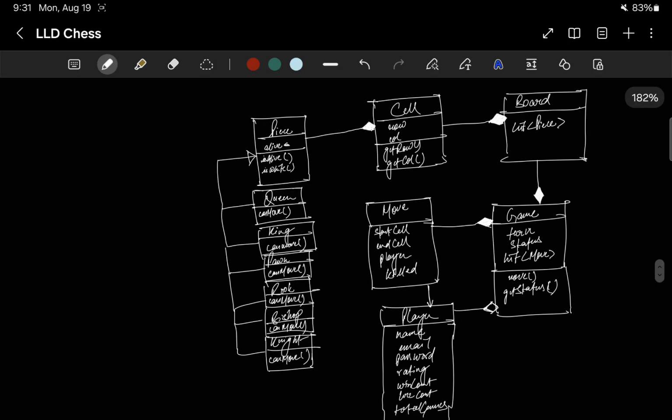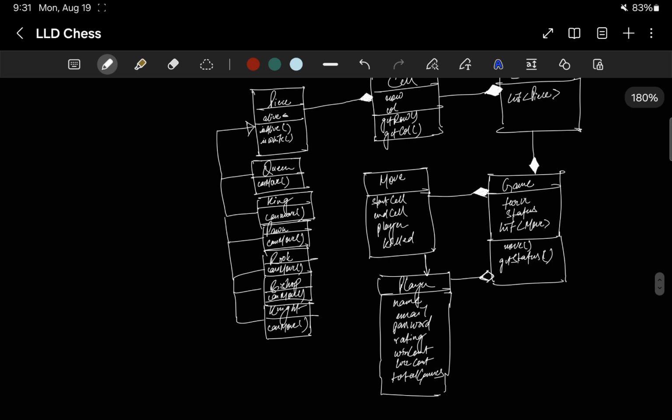So again, you are not expected to write code. You can be asked to write some code, like maybe somebody can ask you to tell what is the current status of the game, or let's say if somebody has to move a piece x, can you first check if that piece can be moved or not?